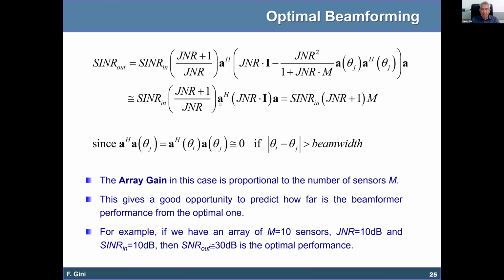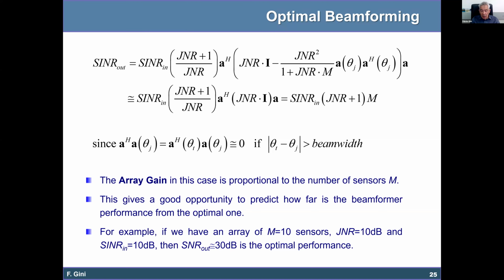So what we get is the following. A Hermitian, JNR, I, A is equal to M, because it is the energy of vector A, which is equal to M. This product here, A Hermitian A theta J, is the inner product between the array response calculated in the steered direction and in the jammer direction.